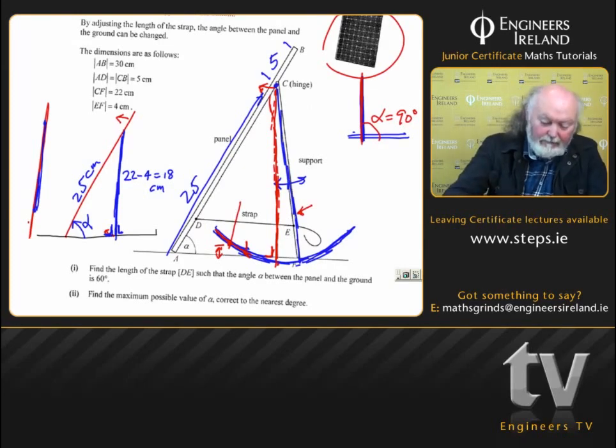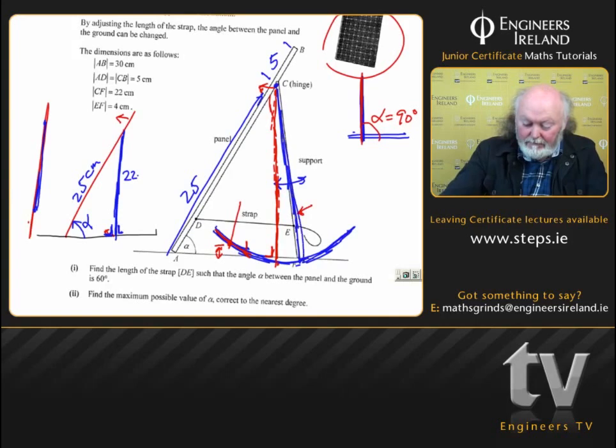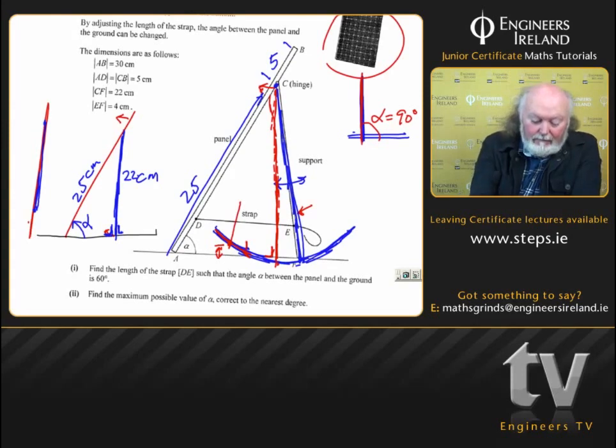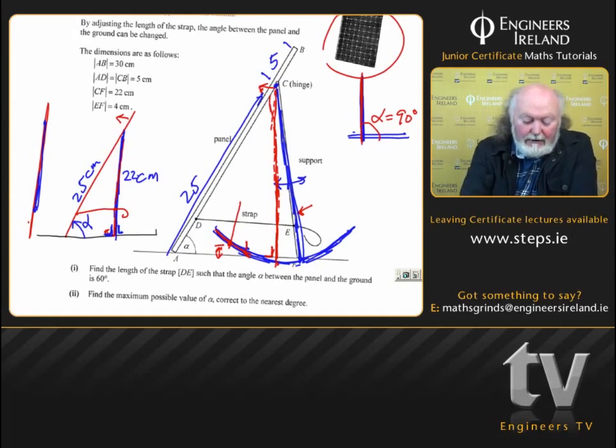Sorry, I have to correct myself here. It's the full length of this. It's the whole 22 centimeters. The strap is running across here, but we have to include the 4 here and the 18 there, so it's 22. We have a right angle triangle, so we can work out alpha.